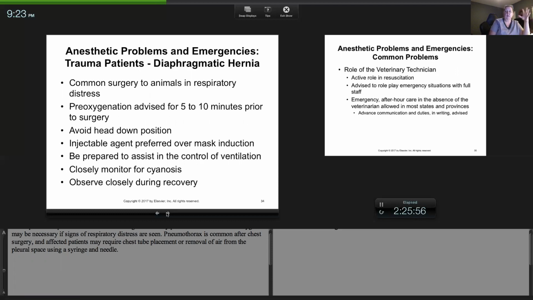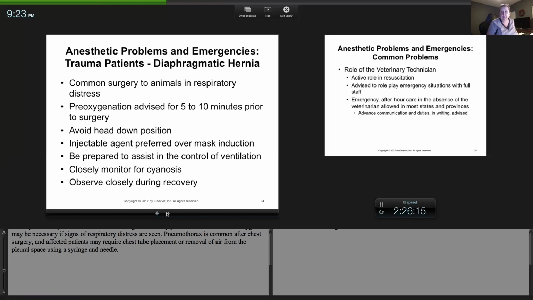Now, diaphragmatic hernia, there's very different forms of diaphragmatic hernias. I will tell you, trauma is probably the biggest one: hit by car, run over. Or sometimes dogs or cats have what is called a congenital diaphragmatic hernia.